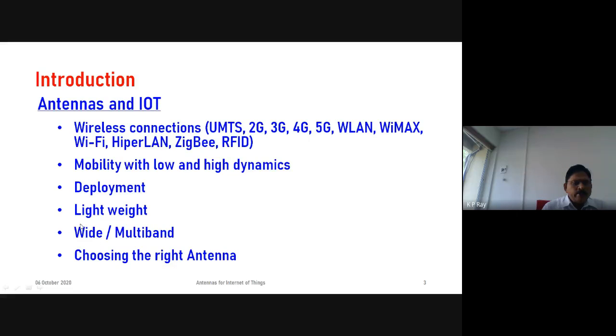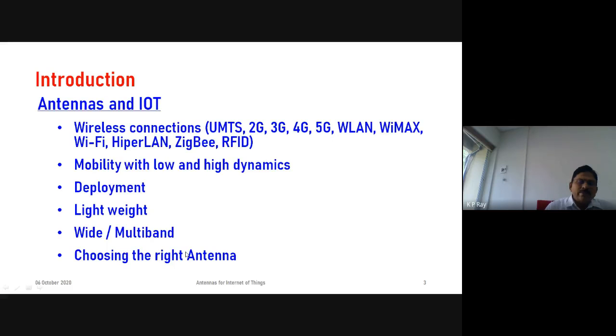So either wideband, or when you require large isolation between two frequency bands, then instead of wideband you require dual band, triple band, or multi-band, so that the interference between two channels using different bands is minimum. So one has to design an antenna in such a way that either you have a wide band, so that different functionalities can be effectively realized using a single wideband antenna, or a multi-band antenna where you require isolation between various bands.